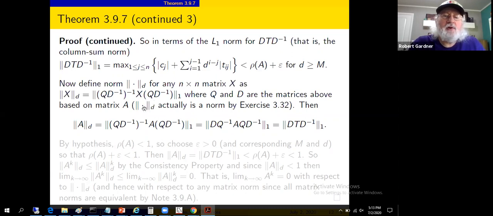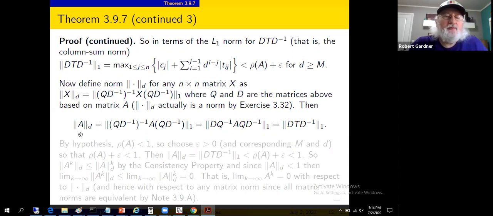We inherited the Q from a Schur factorization of matrix A. And we inherited the D and the D inverse by having chosen some value for that positive parameter D. So we're taking Q and D from above, so they are fixed and determined, and defining apparently a norm, the D norm, in terms of the L1 norm. All right, really is a norm.